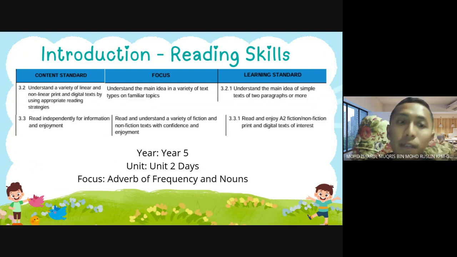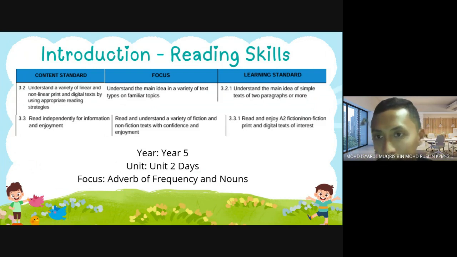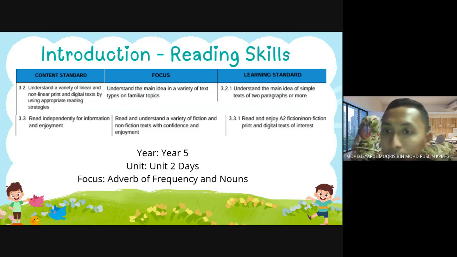We also have learning standard 3.2.1, which is to understand the main idea of a simple text of two paragraphs or more, and 3.3.1, to read and enjoy fiction or non-fiction print and digital texts of interest.